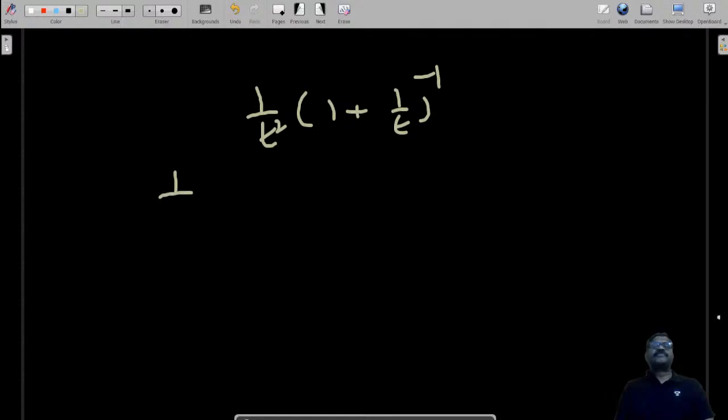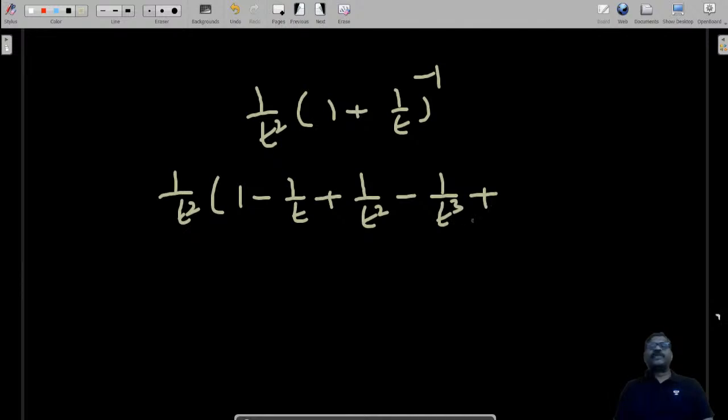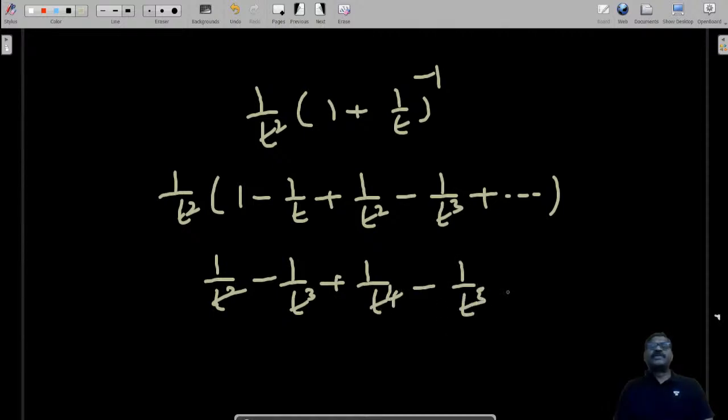That is 1 by t square into (1 minus 1 by t plus 1 by t square minus 1 by t cube and so on), which gives 1 by t square minus 1 by t cube plus 1 by t power 4 minus 1 by t power 5 and so on.